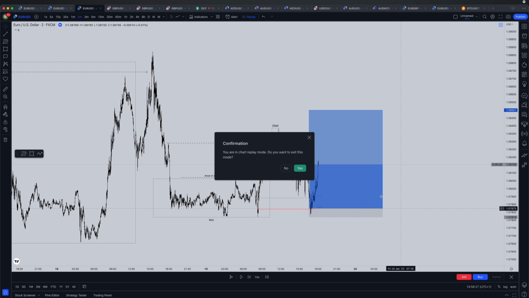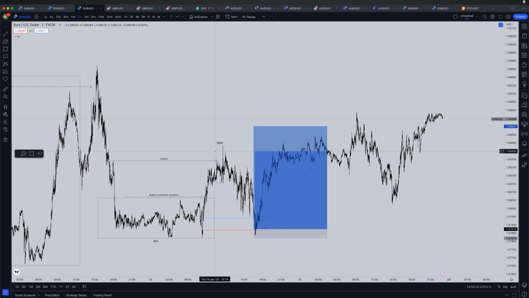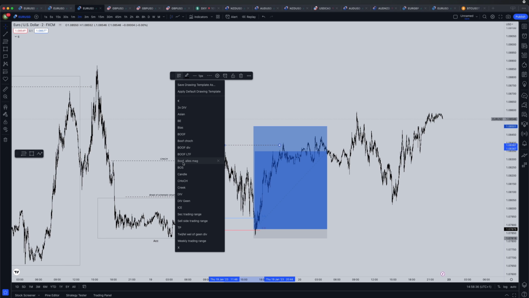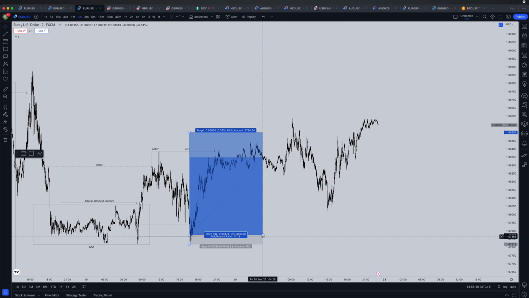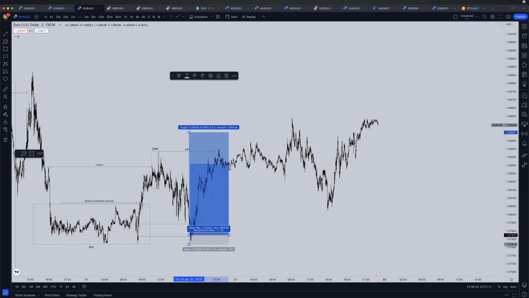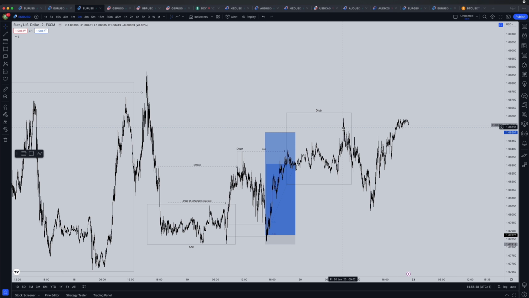And we break our structure. So we form a reaccumulation. And the distribution failed. So again, we break our structure and we see another distribution, and the distribution forms after we have a change of character.